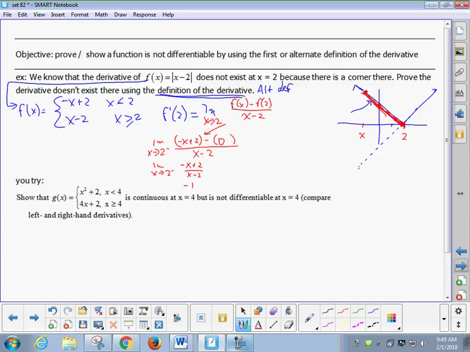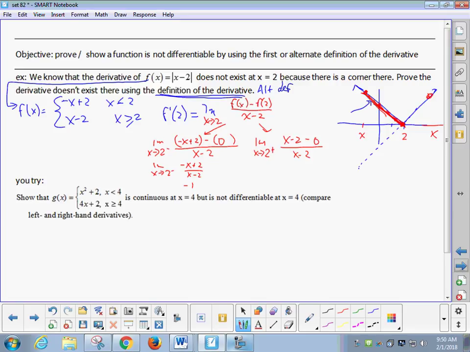So, okay? However, if you take an x on the right side of 2, like over here, and find the slope, what do they approach? Well, on the right side of 2, which function do I use? It's x minus 2. Minus f at 2, which is still 0, over x minus 2.